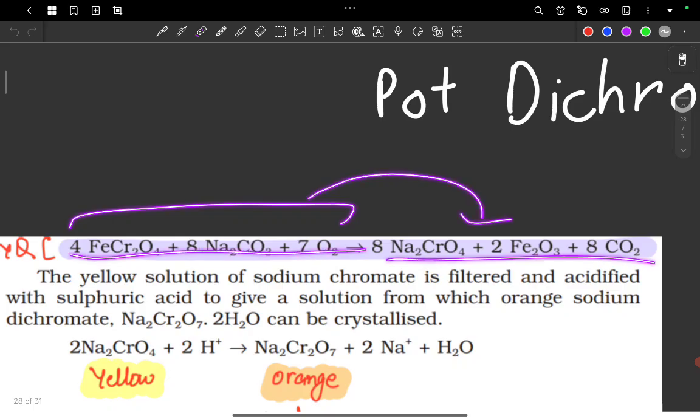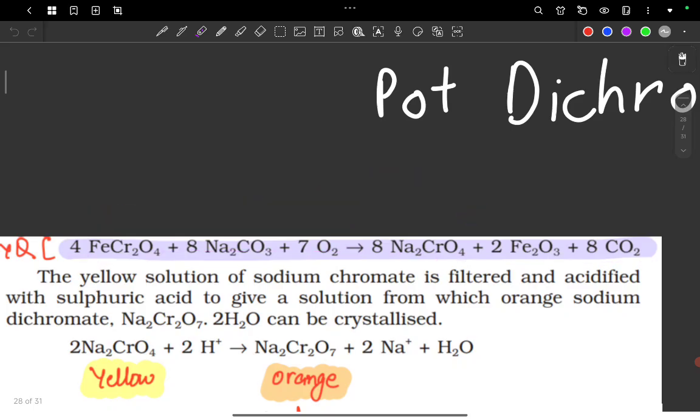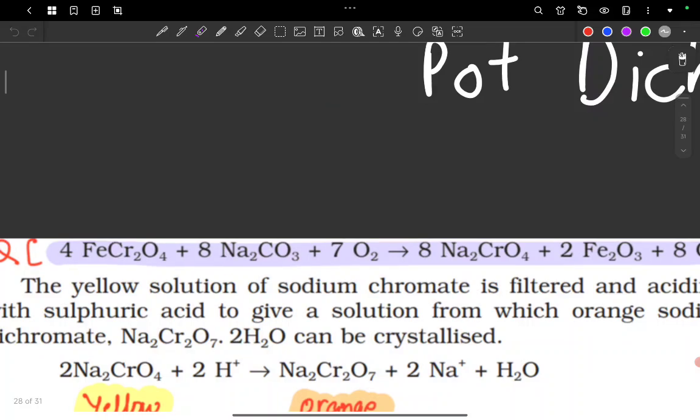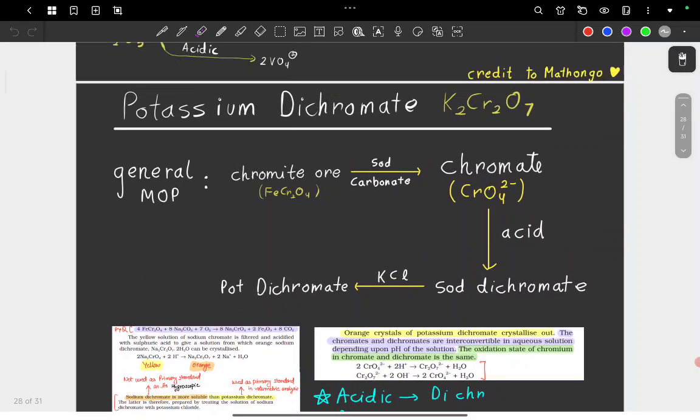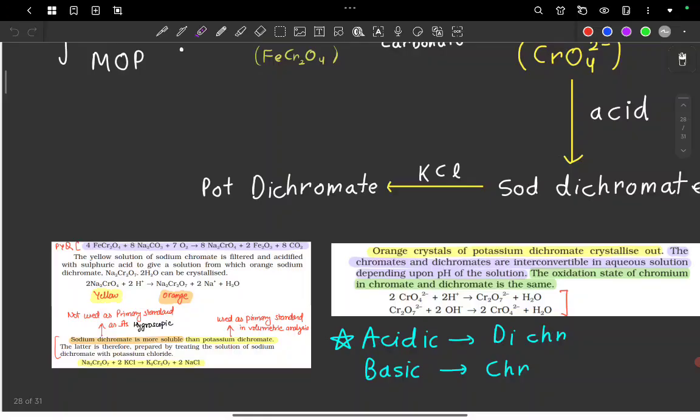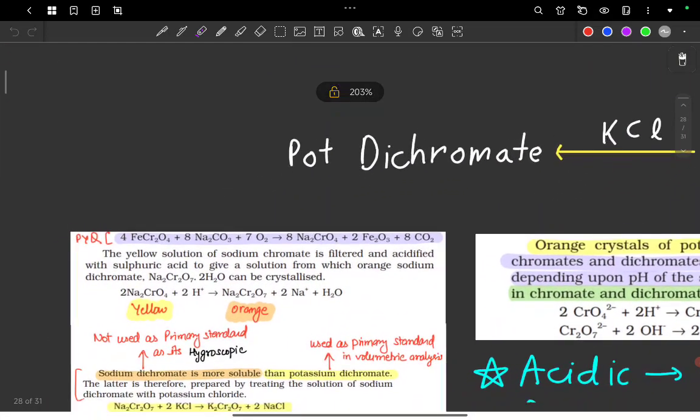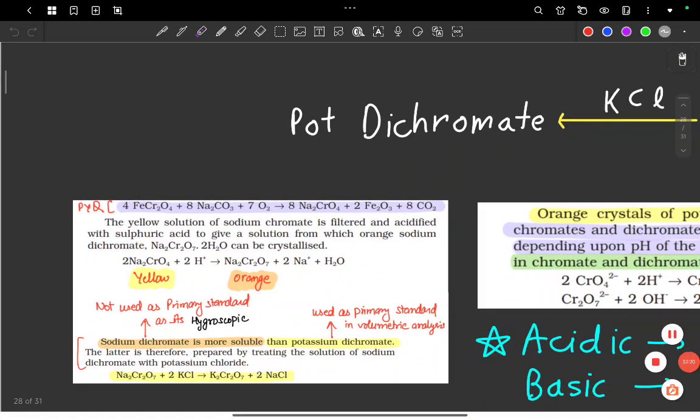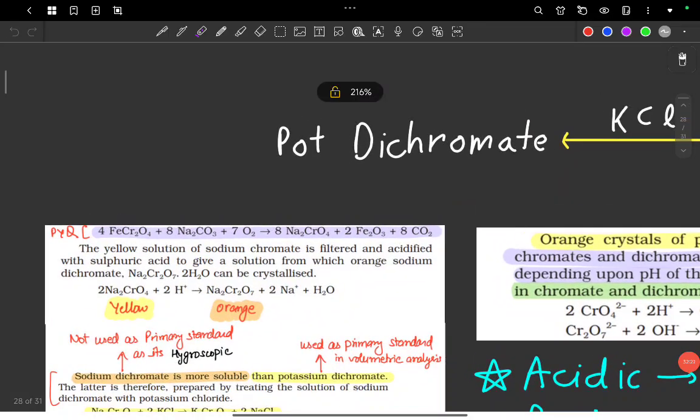And basically this reaction has to be done in the presence of an oxidizing agent, okay, which explains the presence of the 7O2 here.